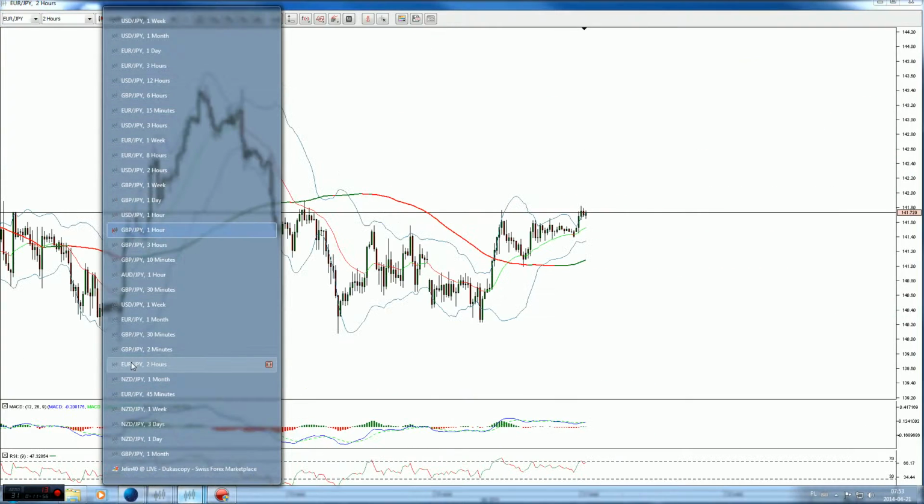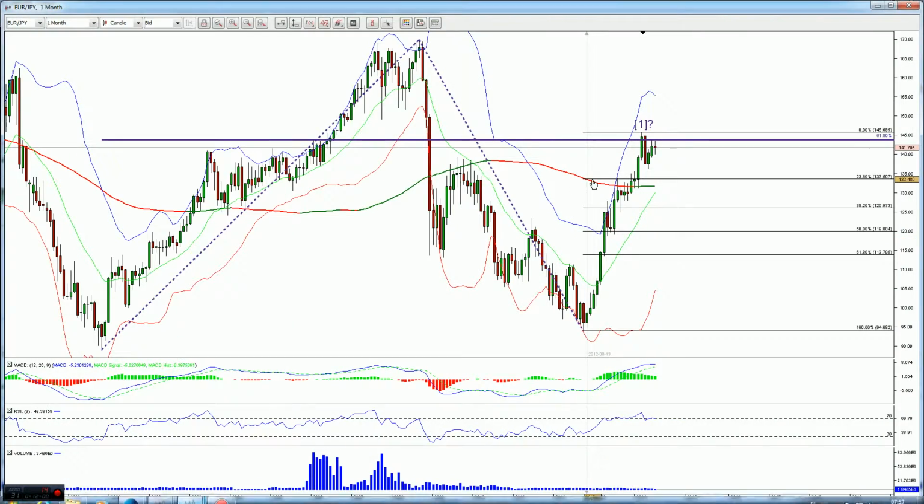Okay, a quick look at Euro Japanese yen. That's the monthly situation. A strong reversal here. I said, okay, the market is most probably waiting to confirm that this is over, and we are making something new to the downside, or making a deeper correction to the downside.